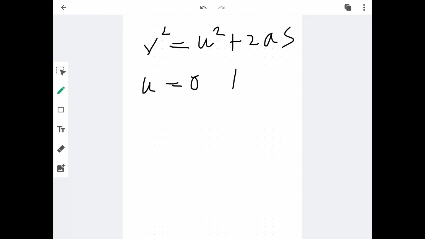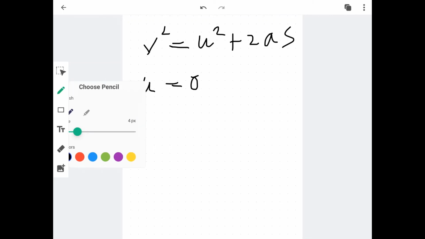Let's move on to the third equation of motion, that is v² = u² + 2as. Again here u is equal to 0 and a will be g.